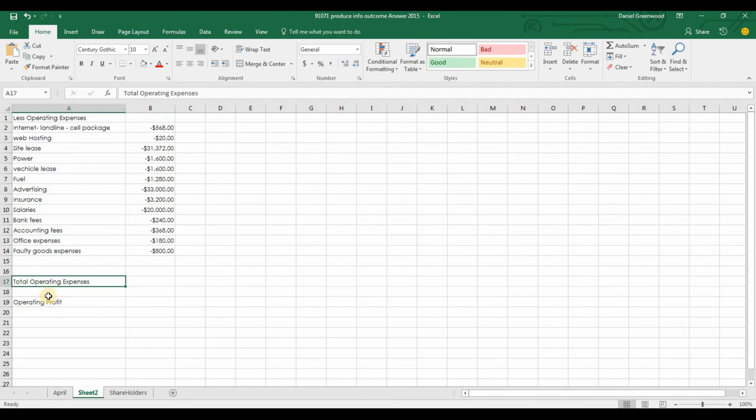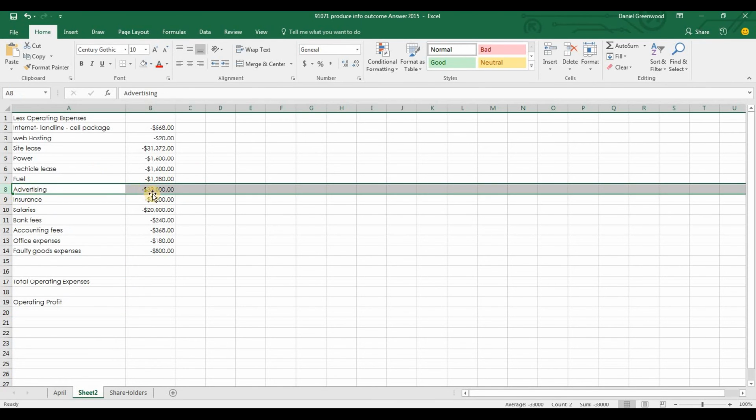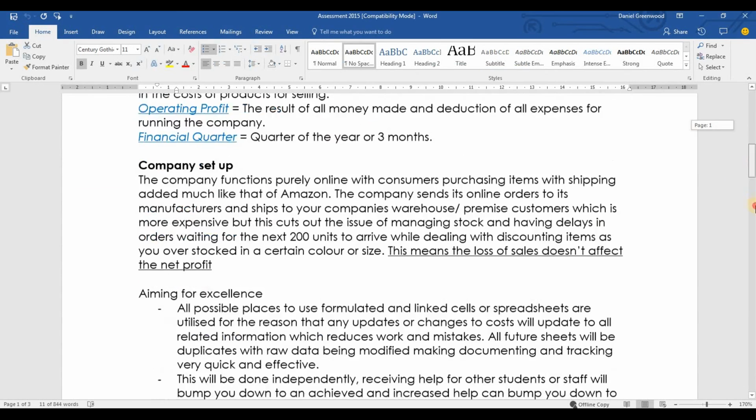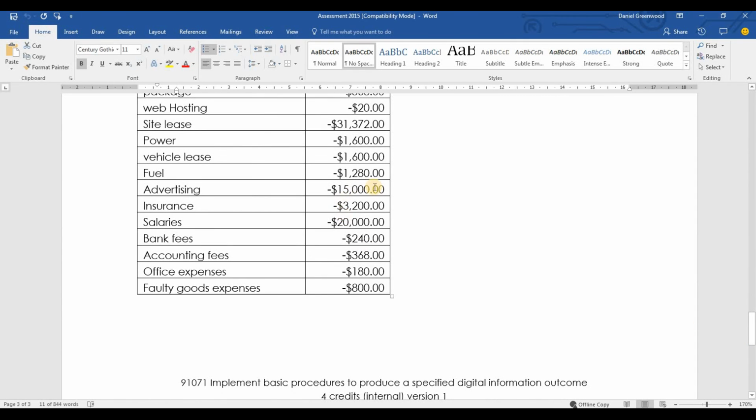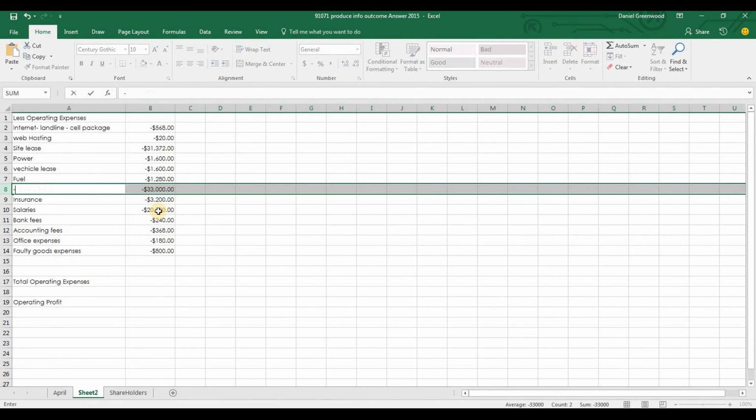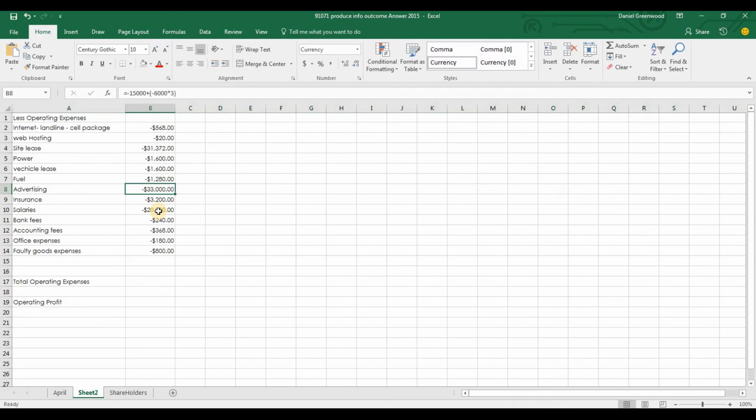There you go, there's those titles, they're in there. I've got this advertising in here. Now the actual sheet on the assessment, I'm pretty sure is not 33,000 already. It's 15, so I'll adjust that to 15, negative 15. And why negative? Because it's a cost. That one, negative 15.